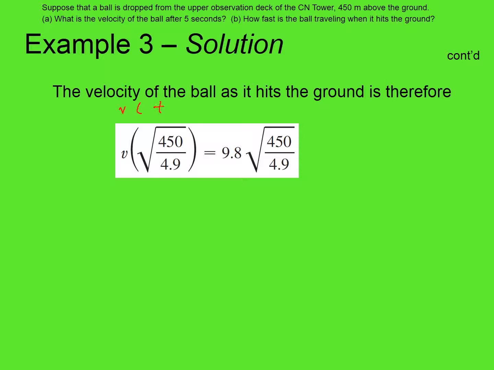Velocity at any time t is 9.8t, and so we're just going to take this number, multiply it by the 9.8, and get an approximate velocity of the ball as it hits the ground. And going to the calculator, we get about 94 meters per second. That's how fast it's traveling. That's pretty fast.